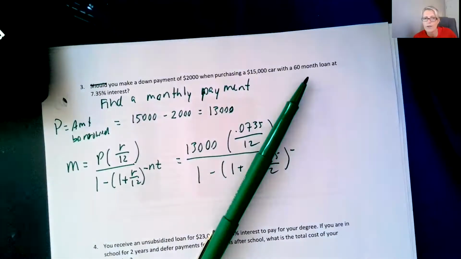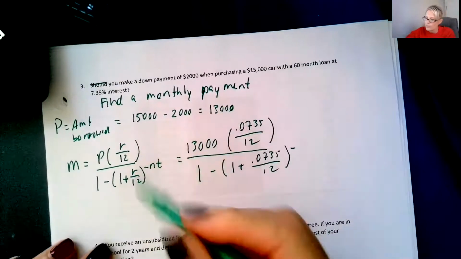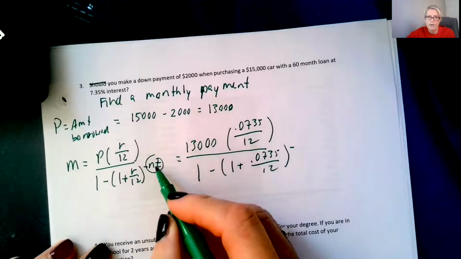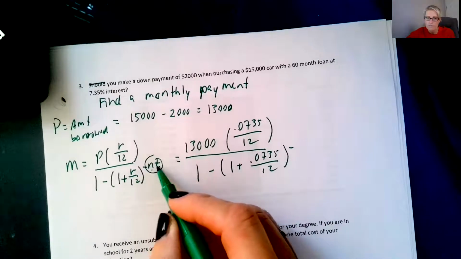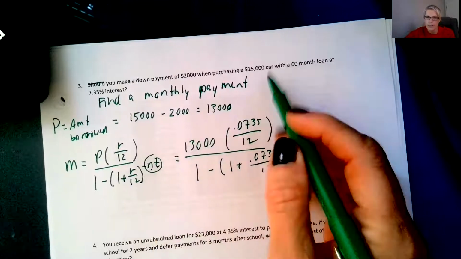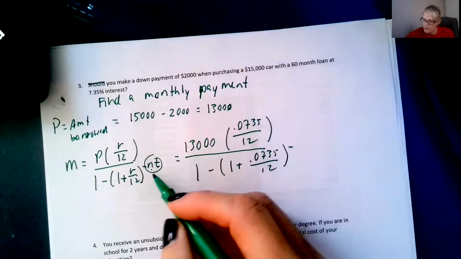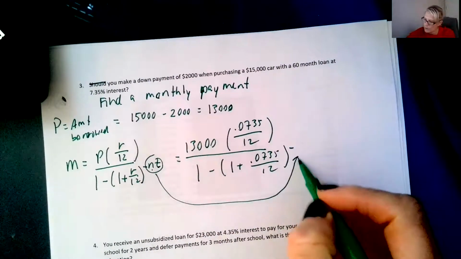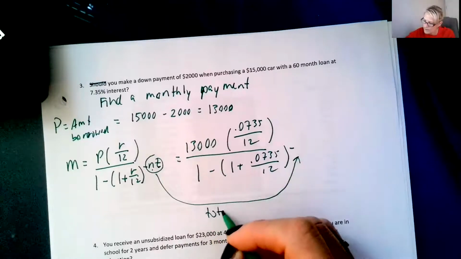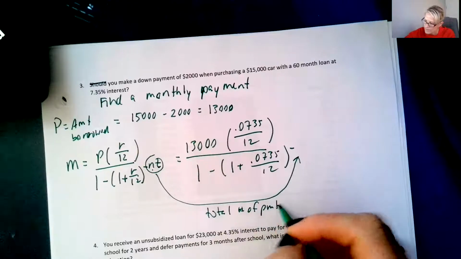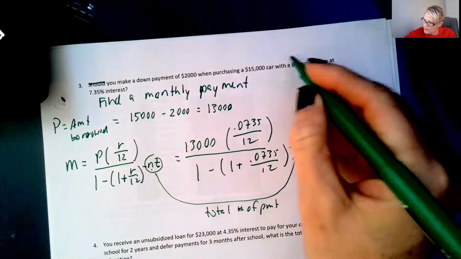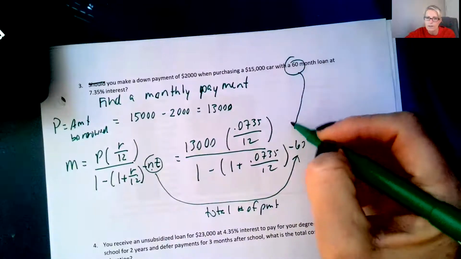So this right here is if you have 12 monthly payments and then the number of years, and they already told us the total number of months. So this is my total number of payments. So that's going to be 60 because that's what they told us here.